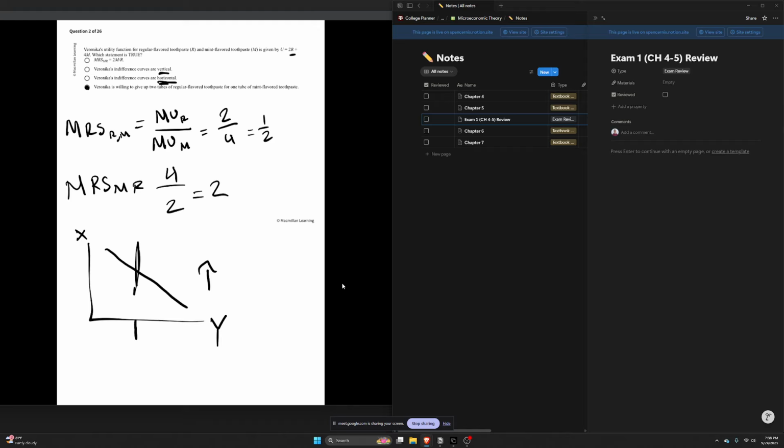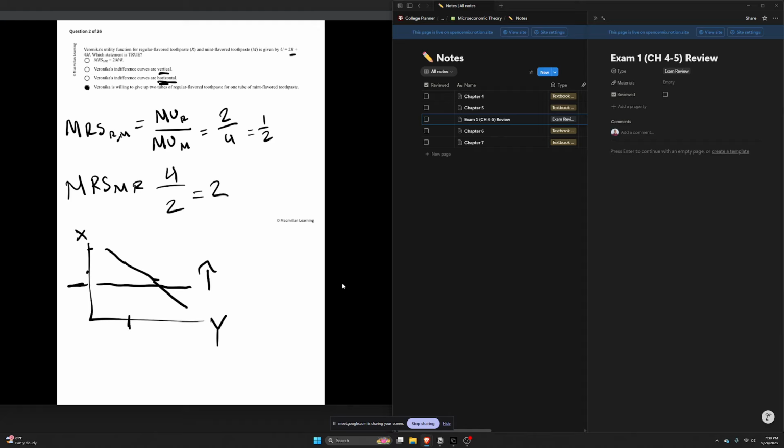Because this never changes. This is always the same. This is the only one that changes. So there's no substitution. And it's the same thing if it was horizontal, it would go for Y instead of X. So if this curve is right there, then the X would stay the same and the Y would change.